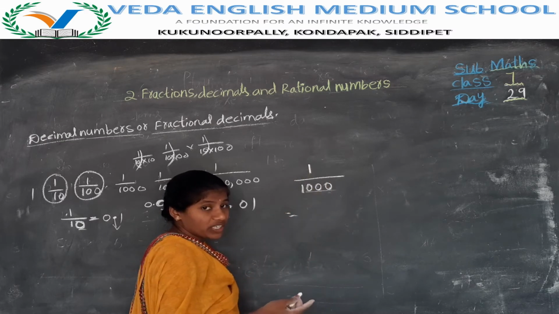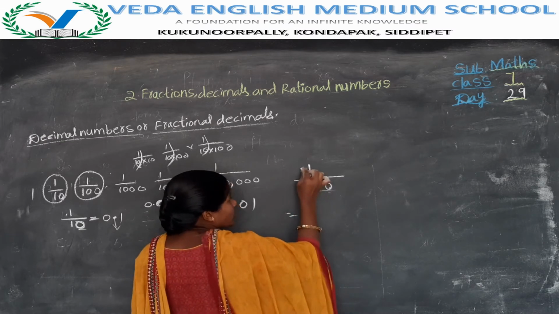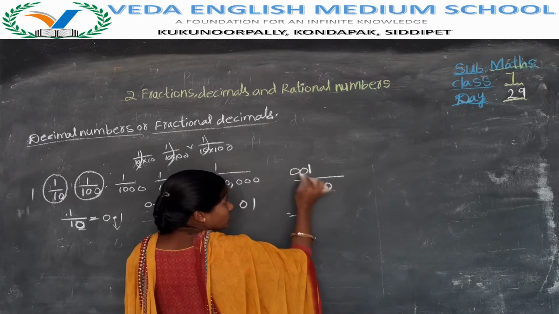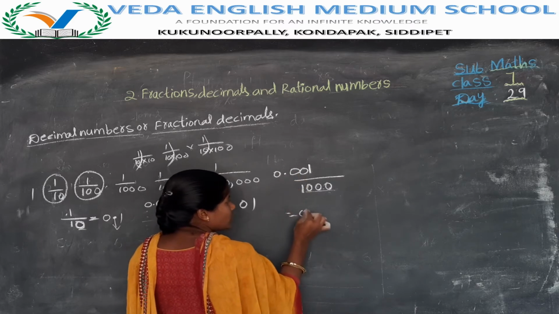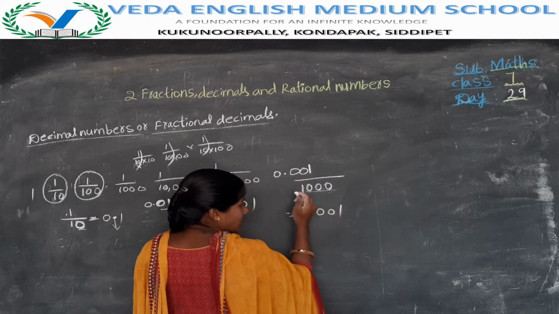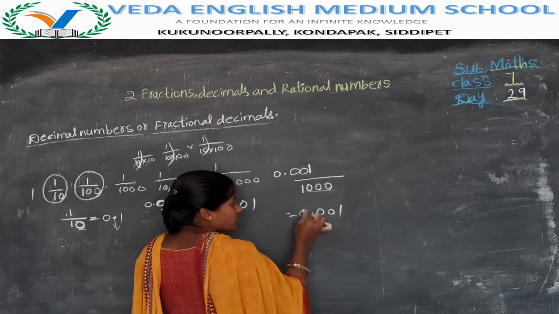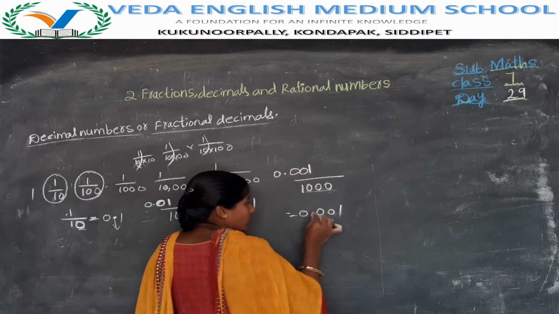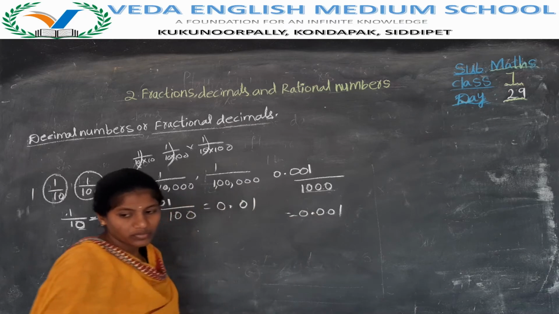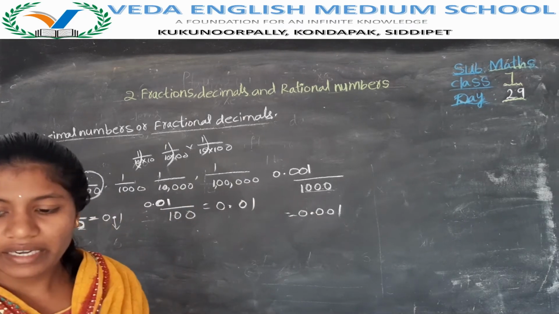So how many more digits do we need? We need 2 more digits. So write 2 more zeros. 3 zeros, 3 digits. After 3 digits, here you will get the point. That is 0.001. This point is called the decimal point.